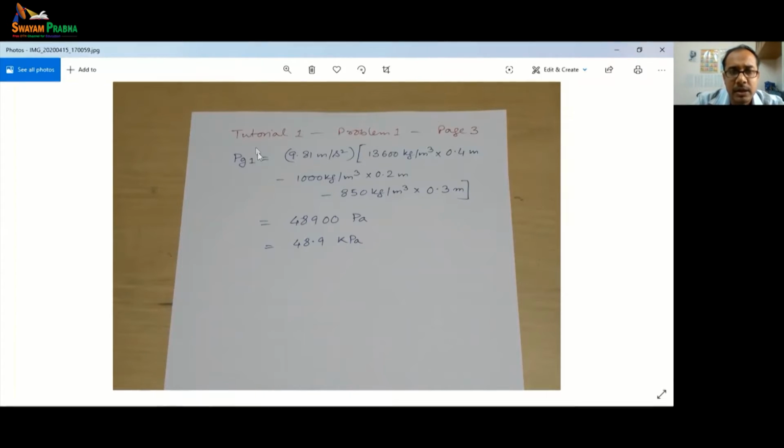The gauge pressure of the entrapped air is 48.9 kilopascal, and the absolute pressure will be, on top of that, you have to add the atmospheric pressure, so that will be approximately 1.5 bar. Okay, so let's go to the next problem.